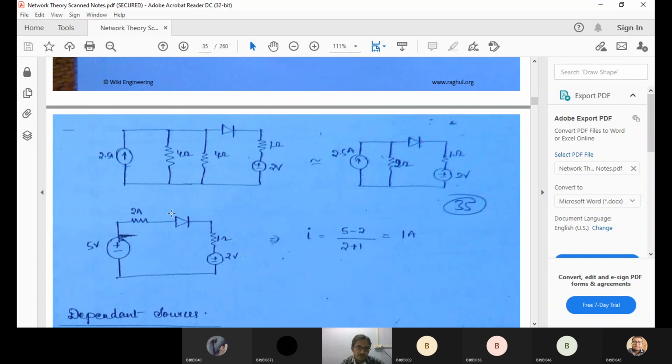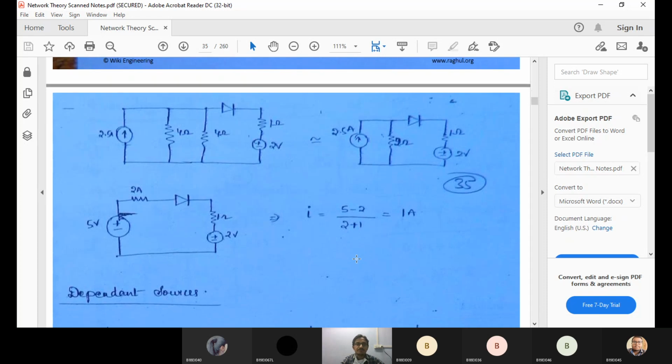Forward, sir. Forward. Why? Because on the P side we are having the highest potential and on the N side we are having the least potential. It should be more than the cut-in voltage. Yes, this is more than 3 volts, so it can be turned on. Then current can flow in this direction. That current is nothing but 5 minus 2 by 2 plus 1.